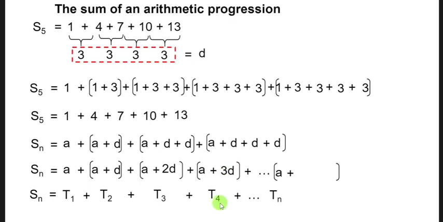This is position number 4: 1, 2, 3, 4. So this term is on position number 4. So you notice the number multiplied with D, the common difference, has a relationship with the position of the term. So what is the relationship? We are saying this number is less by 1 than the position of the term.